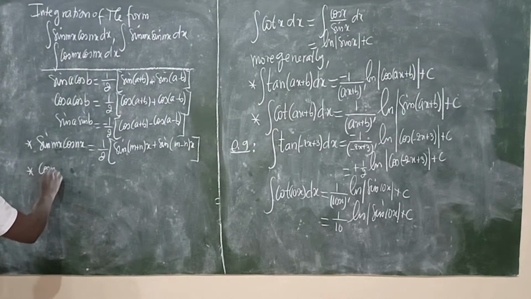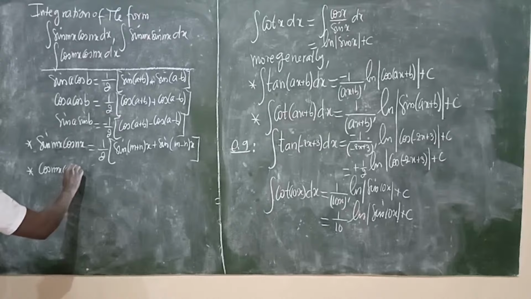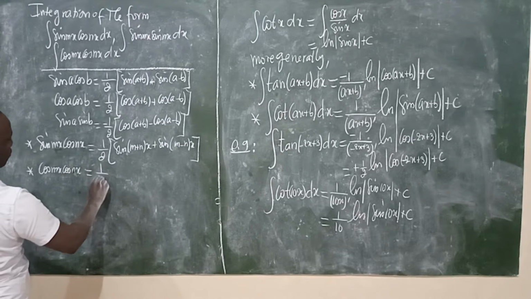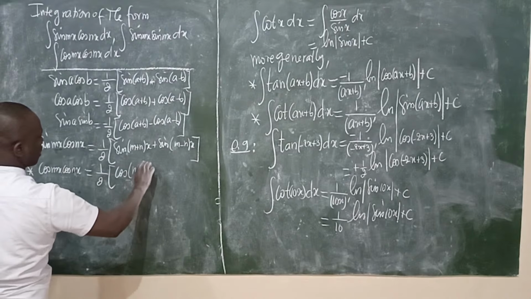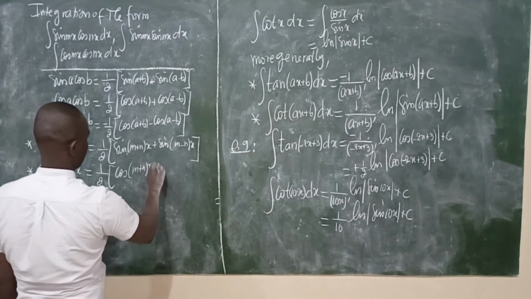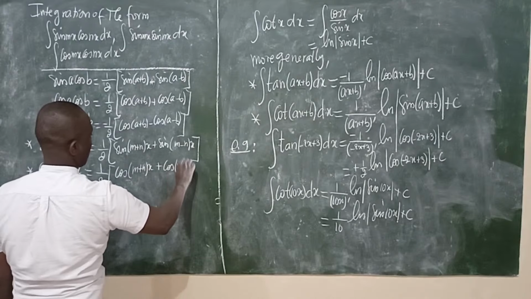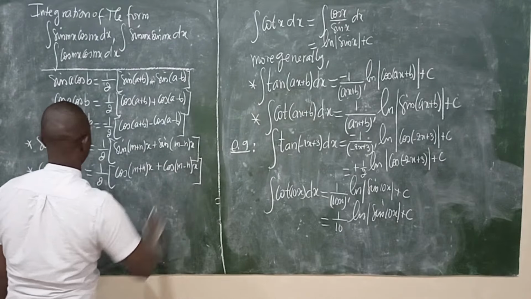For cosine mx cosine nx, this is half of cosine m plus n times x plus cosine of m minus nx.